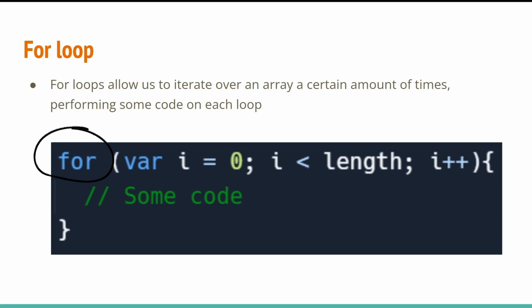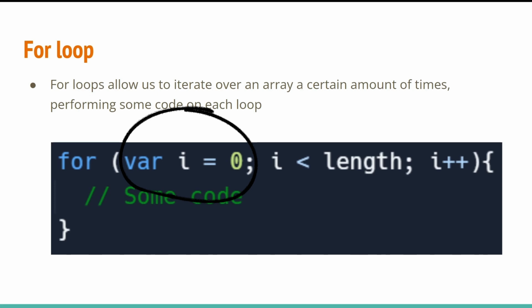Within the brackets, there are three parts to this code: the initializing step, the conditional check, and the incrementing step. These are separated using semicolons. Remember, we are iterating and running the code an X amount of times. So the first part is initializing the starting value. I'm using a variable called i and setting this to 0.